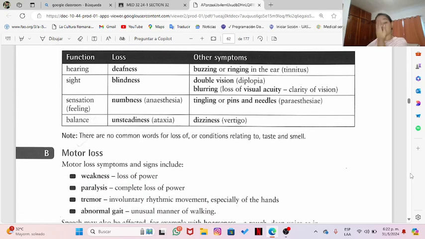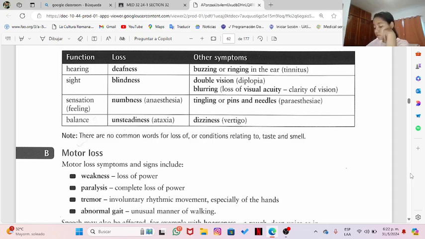Okay, this table. Function, loss and other symptoms. Hearing: deafness, buzzing or ringing in the ear, tinnitus.